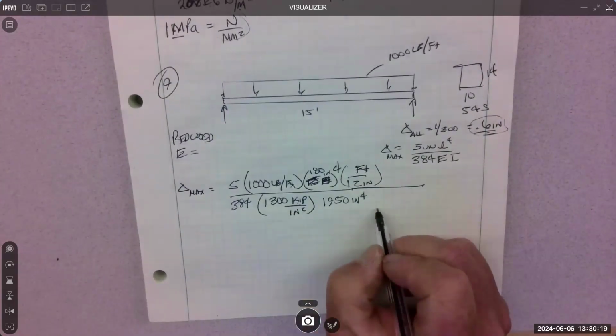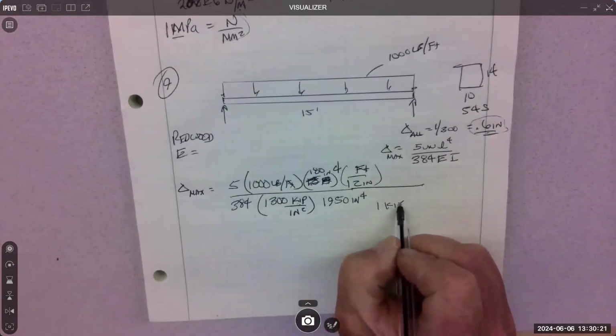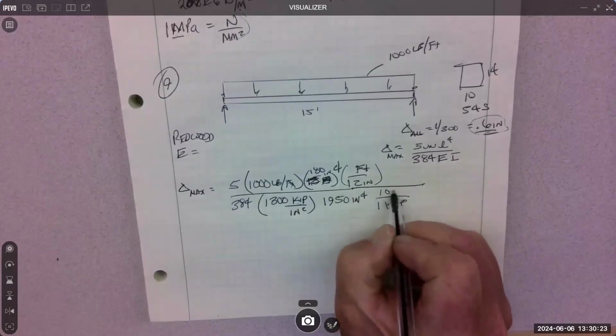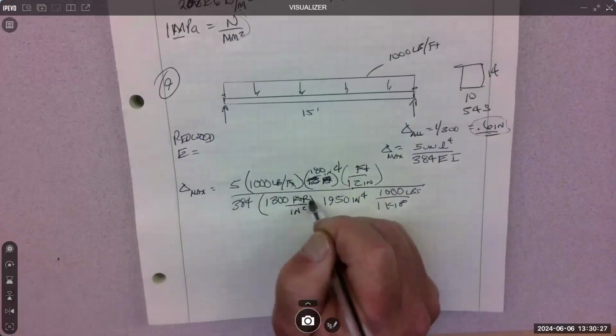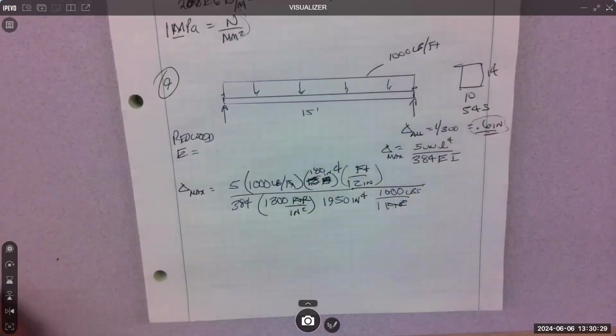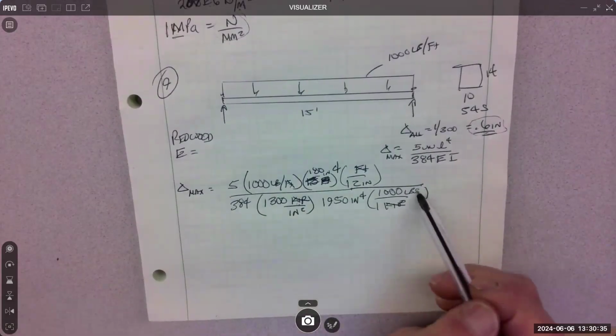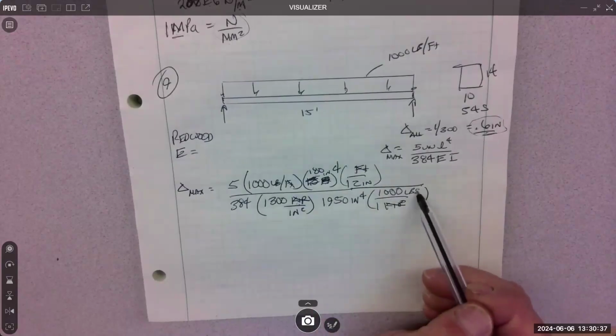I know there's 1 kip in 1,000 pounds, so that's a multiplier down in the denominator. Now I have pounds and pounds, those cross.